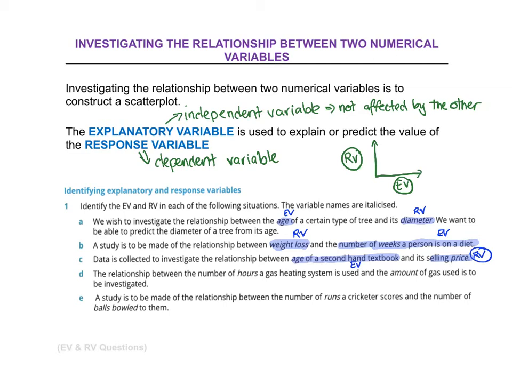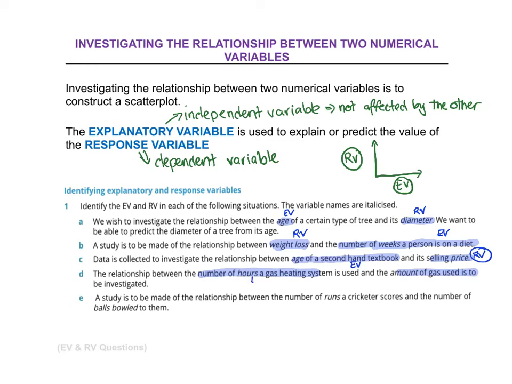Second last one, the relationship between the number of hours a gas heating system is used and the amount of gas used. Which one do you think is the explanatory? Which one is independent, or which one would you be looking at how much is being used?